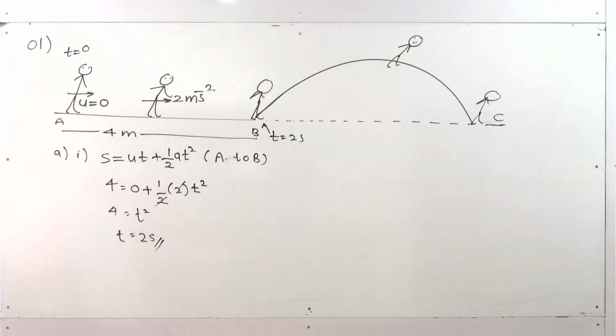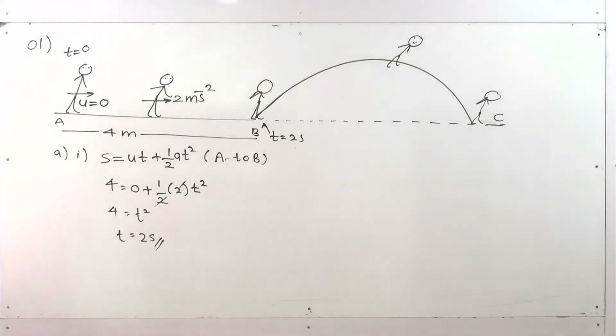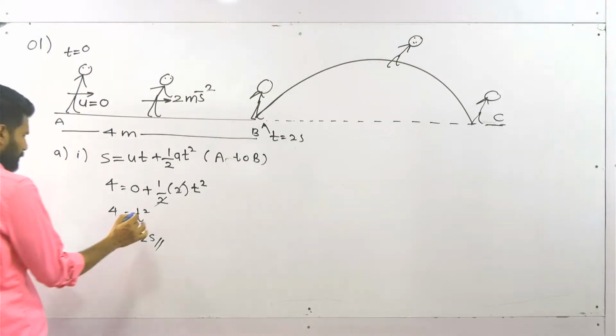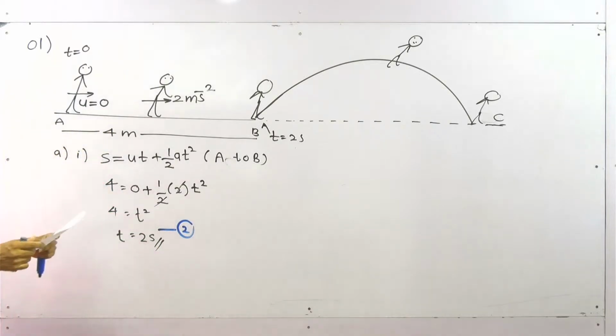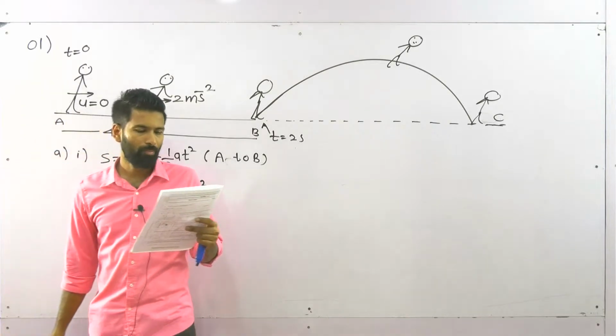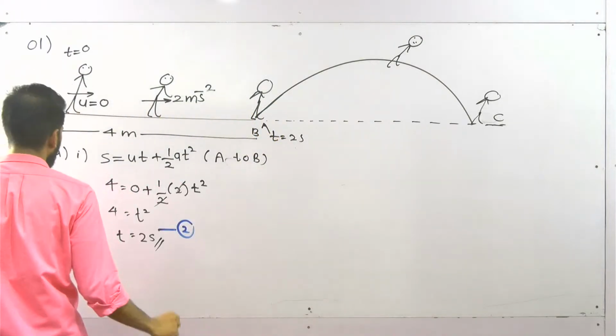I have already uploaded the marking scheme, but I will show you how the marks were given. Okay. Here you are given 2 marks. Then determine the magnitude of the horizontal velocity of the athlete at point B.